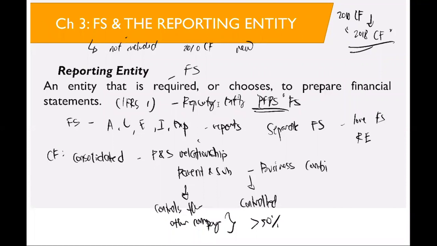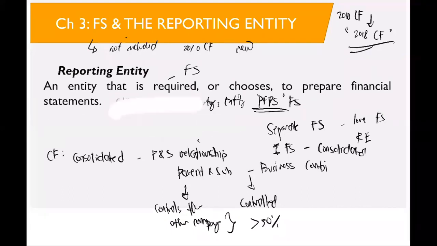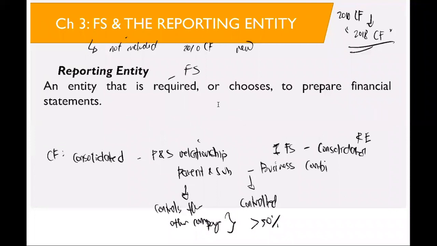This parent and subsidiary will present one financial statement, known as your consolidated financial statement. Take note, guys, that in a business combination, we have business one and business two. They will combine and present one financial statement. What is that one financial statement? We call it your consolidated financial statement.